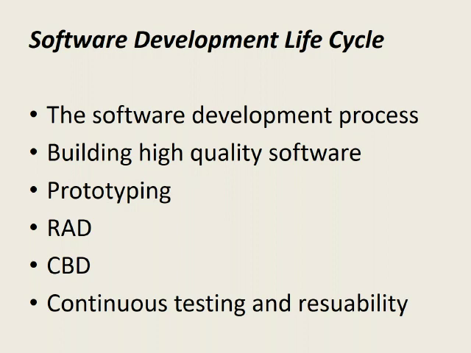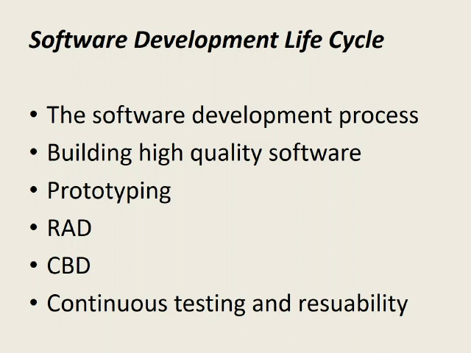Software development life cycle, in short form SDLC. So what are the main points here? The software development process is considered a measure of high quality software. It covers how to design the object oriented system, system development, use case driven development, prototyping, rapid application development, and component based development.